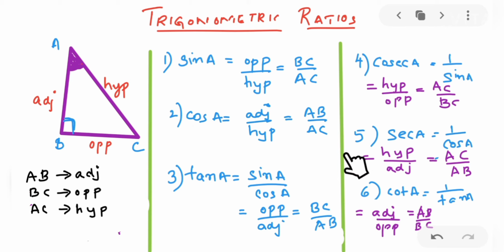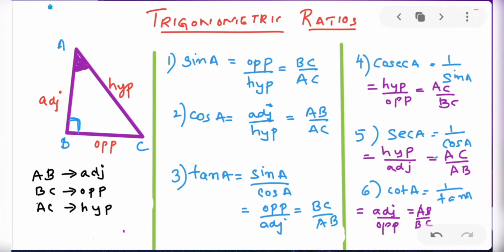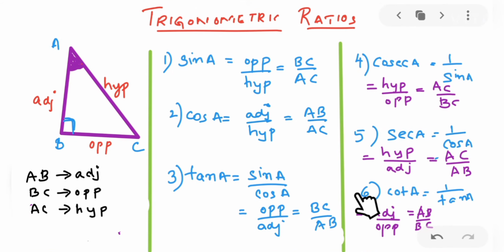So sec is 1 by cos, which is hypotenuse by adjacent side, that is AC by AB. And the tan reciprocal formula is cot. So cot is 1 by tan, just reverse the formula, that is adjacent by opposite, that is AB by BC.